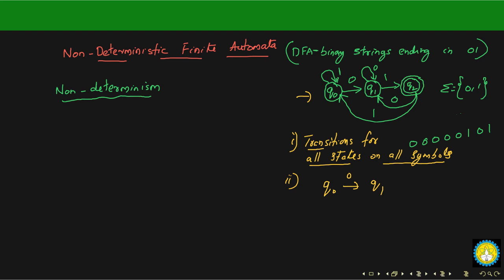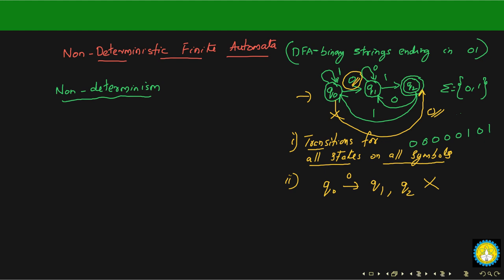We cannot define a transition such that from Q0, if you get a 0, you can go to Q1 or Q2. This is not allowed in a DFA. So I cannot have a transition from Q0 to Q2 on 0 again, because the 0 transition is already defined here. I cannot draw a transition like this. This is invalid for a DFA.